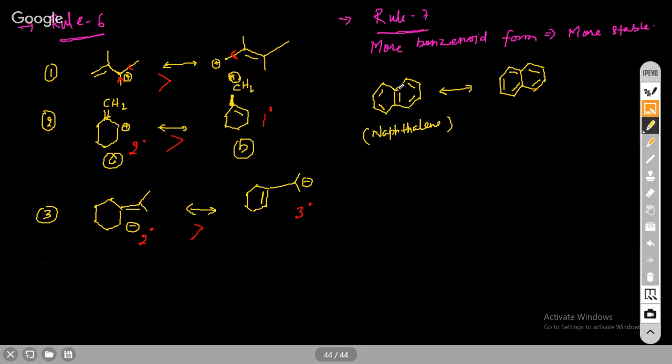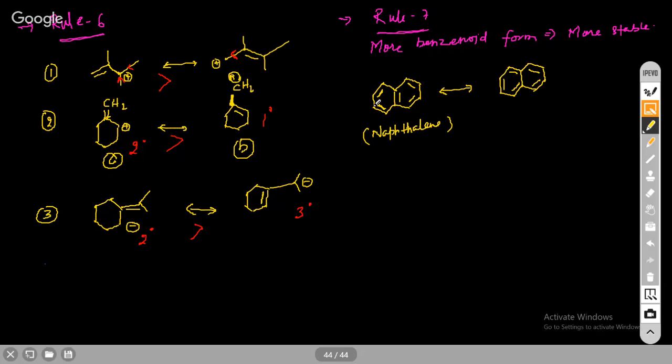Okay. Now in this, you see how many benzenoid forms you see in this structure. Suppose this ring is not there, then this is one benzene ring. Yes. And now since this double bond, you can write on this side also. That won't make any difference in the molecule. This double bond can be this side also. So with this double bond, if you consider here, this is also one benzene ring, right?